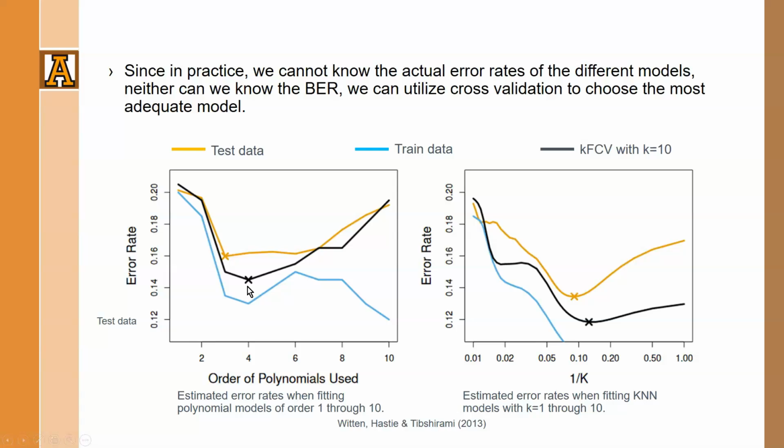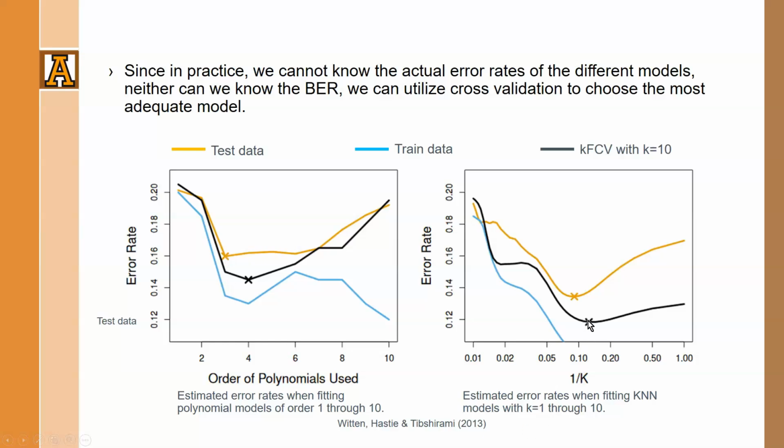Now, I don't have the true value here, but if I use the test data, I would choose degree 3, which is the one we chose in the previous slide when we drew the Bayes boundary. So the polynomial of degree 3 was the right choice.